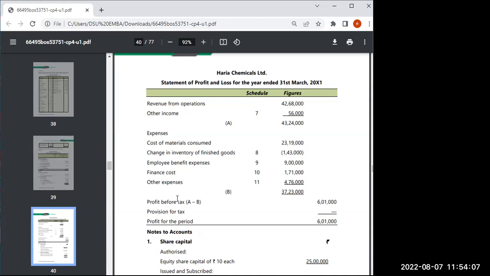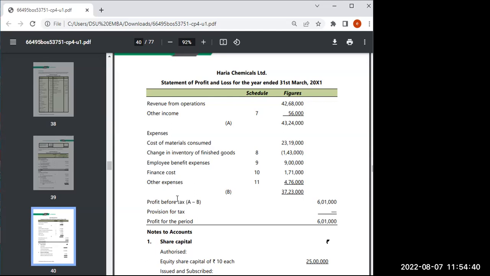Opening stock of finished goods, opening stock of stock in trade, opening stock of work in progress, all total minus closing stock of these three. Write it somewhere. Change in inventory is equal to... Why do we need change in inventory? Change in inventory is one of the items under expense in the P&L account.